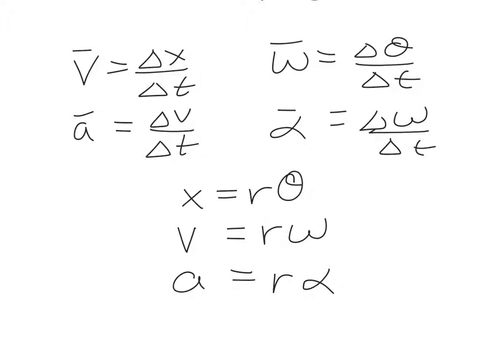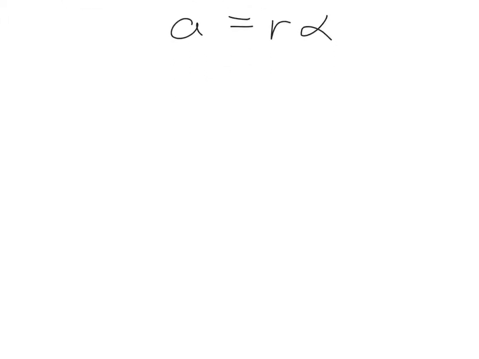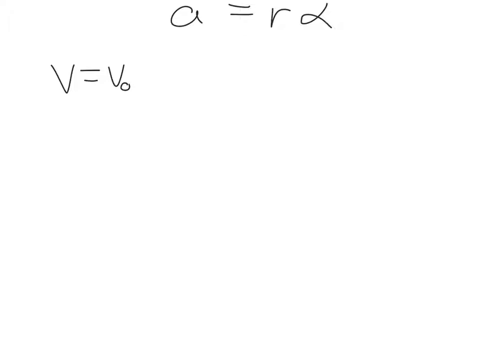Now, you can also use these. Remember we had our constant acceleration equations, right? This is kind of a constant acceleration equation from before, but we had more of them, right? So let's bring up our constant acceleration equations. We had v equal v naught plus a delta t.